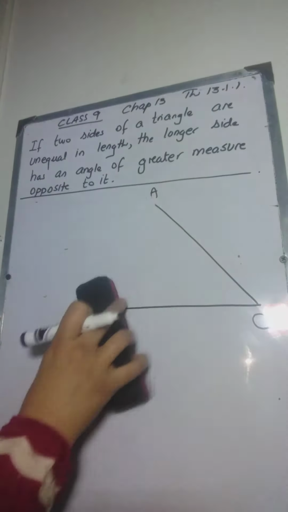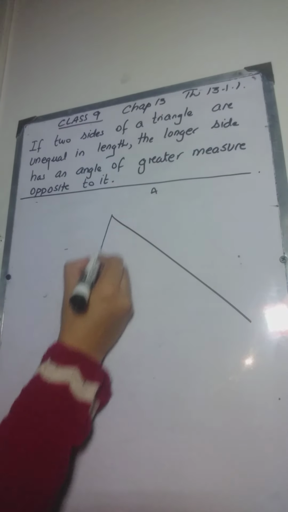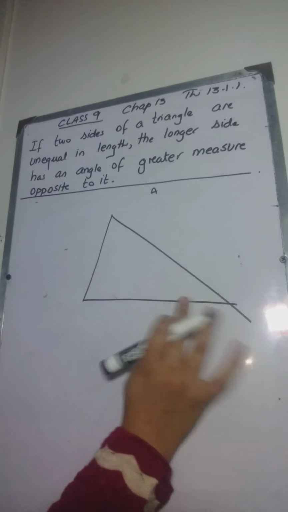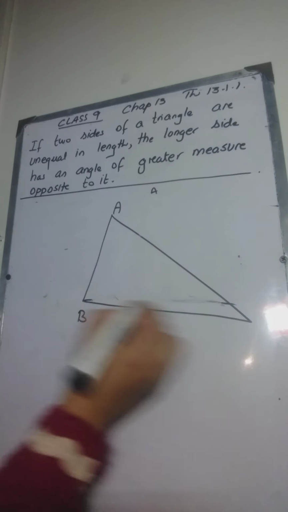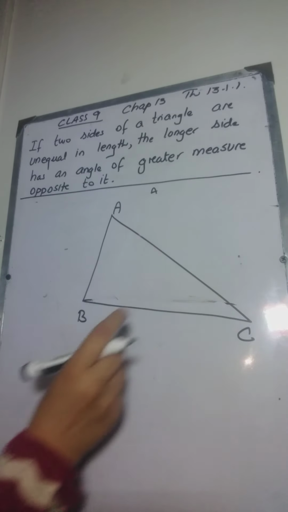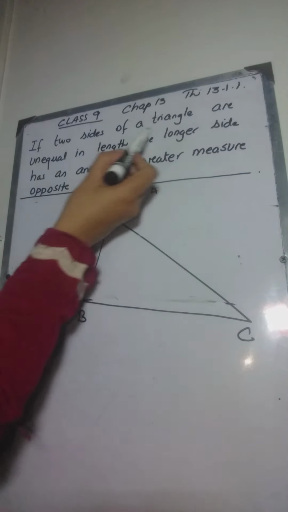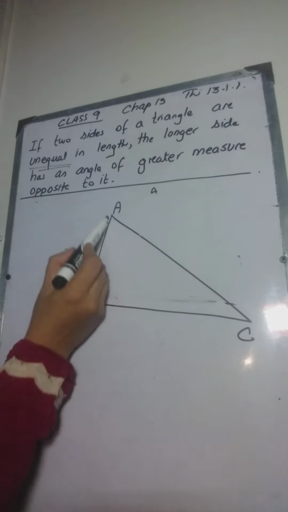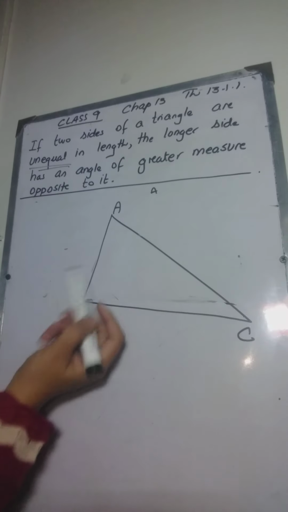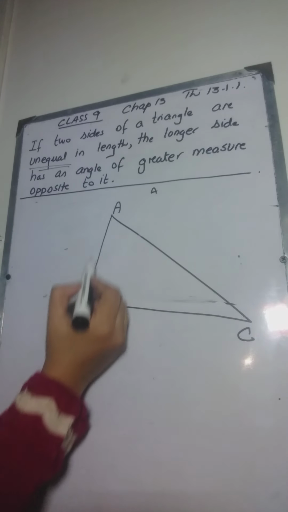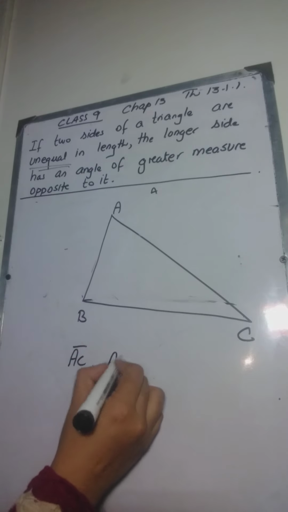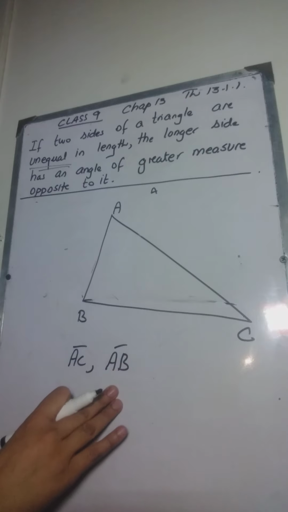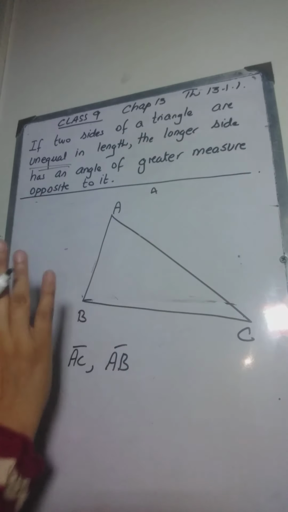Let me draw it like this, A, B and C. Now if two sides of a triangle are unequal in length, for example these two sides, one side will be longer than the other. They are talking about two sides. Let's suppose these sides are AC and AB. Any two sides which are unequal. Let us take AC and AB for example.